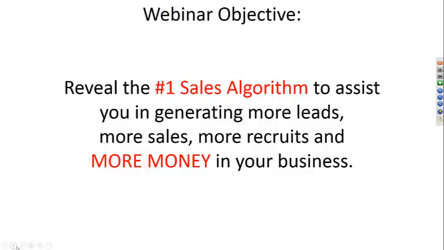The difference between the two is that in MLM or network marketing, in many cases, there could be 6, 7, 8, 9, 10 people getting paid when a product or a service is sold, when someone has their auto ship or their monthly subscription or what have you. Whereas in the affiliate world, typically there's only been one, maybe two people getting paid for that particular transaction.